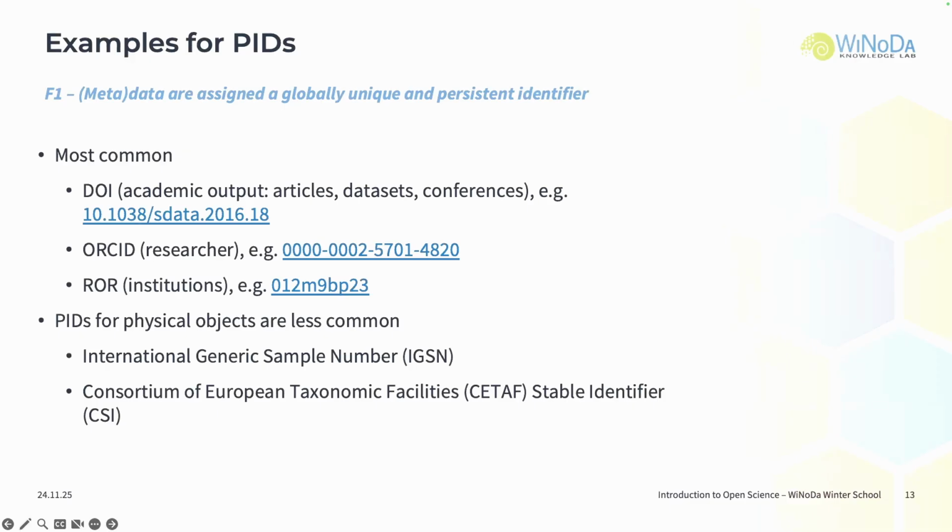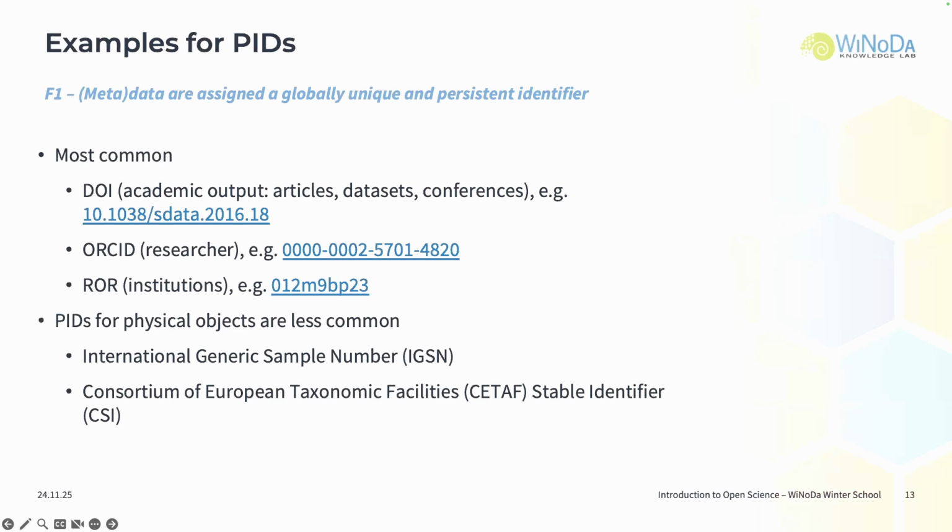There's also one for research institutions, the ROR, the Research Organization Registry, which is useful if you have to give your affiliation, and that's a way to do it uniquely and persistently, so that the correct unique name is used.